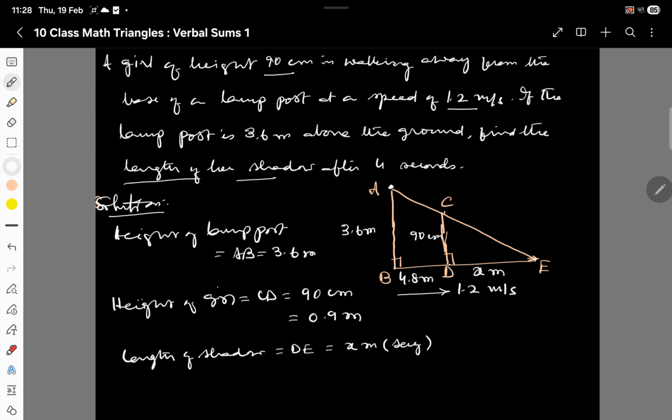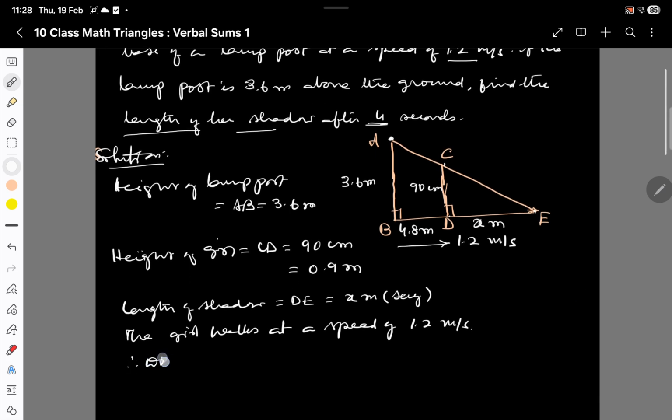See here, the girl walks away at a speed of, what is the speed? 1.2 meters per second, and the time of journey is 4 seconds. Therefore, distance traveled in 4 seconds is equal to speed into time.